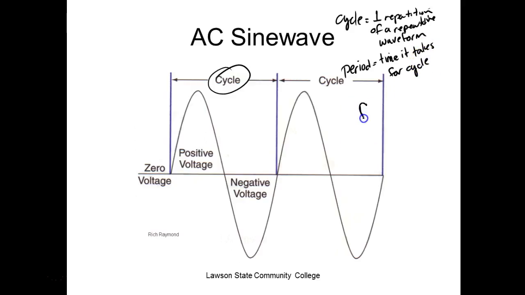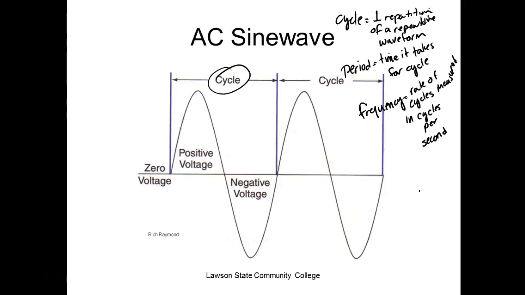And what's the frequency? This is the rate of the cycles, measured in cycles per second. Over here in the United States, we use 60 cycles per second.